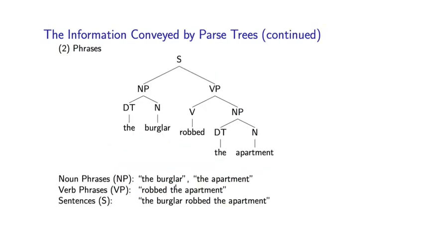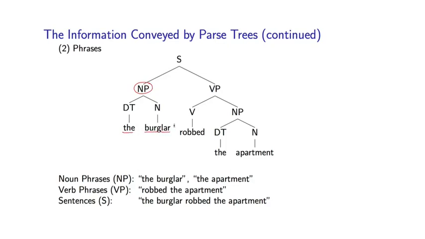If we look a little higher, we're going to start to see some hierarchical grouping of words into phrases, or what are often called constituents. So if I take any node in this tree, take for example this NP node here, it indirectly dominates a sequence of words. So this dominates the two words "the" and "burglar" in this case.